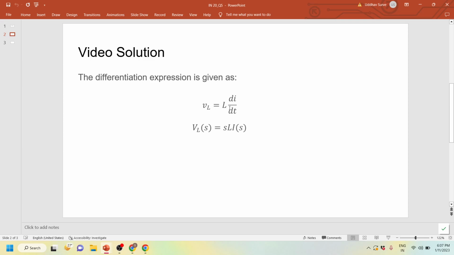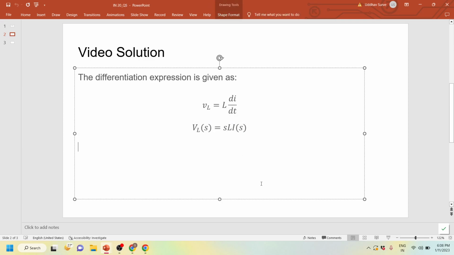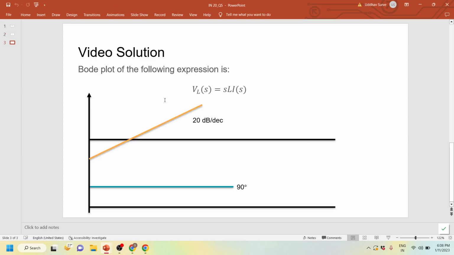Voltage across an inductor is L di/dt. Let us take the Laplace operation on both sides. V_L(s) is equal to sL I(s). This is the differentiation operation where the s term is introduced. Now when we plot the Bode plot of only this s, we know that it increases with 20 dB per decade, and the angle contributed is 90 degrees when it is in the numerator.